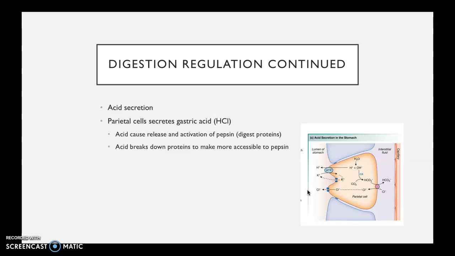Acid release creates the activation of pepsin, which digests proteins. It is also important for breaking down proteins before pepsin can digest them. This just makes it easier, with less surface area for pepsin, so it has to do less work. Again, this picture is from Silverthorne.